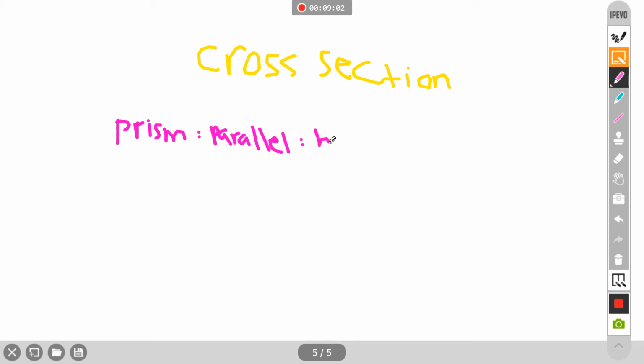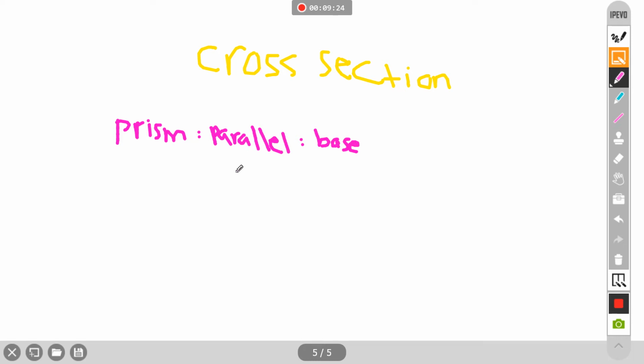So if it's a cylinder, your base shape is a circle. If it's a cube, your base shape is a square. If it's a rectangular prism, your base shape is a rectangle. A triangular prism, the base shape is a triangle. Whatever the prism is going to be, it's named based off of its base shape. So the base is the cross section you'll get if you do a parallel cut.